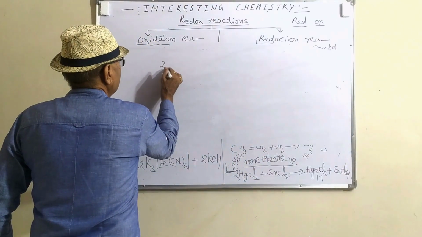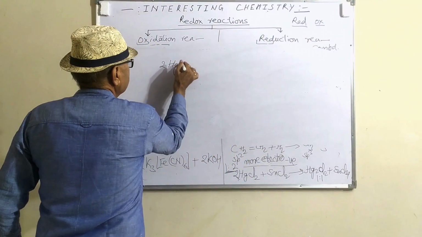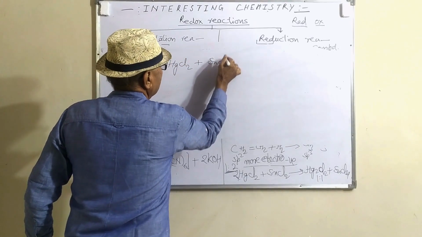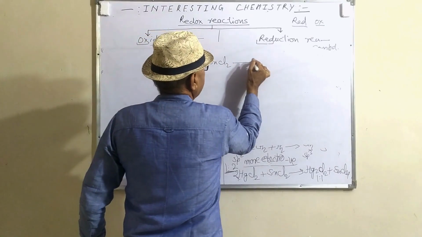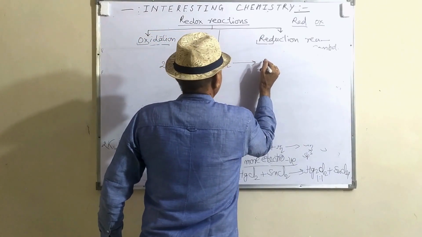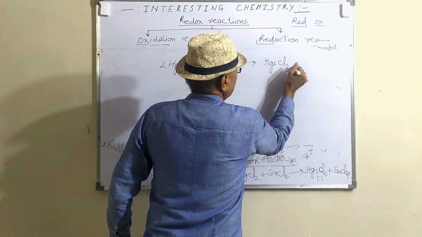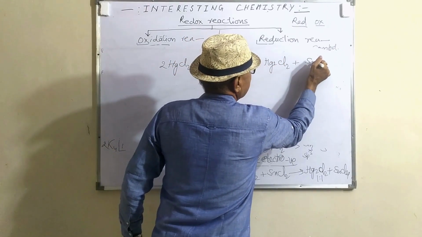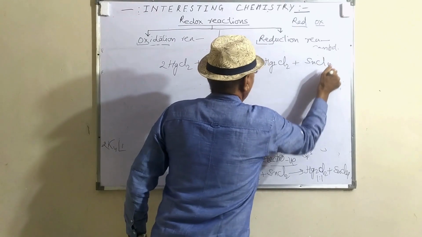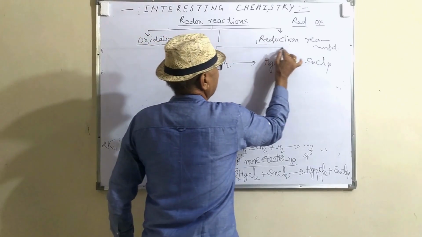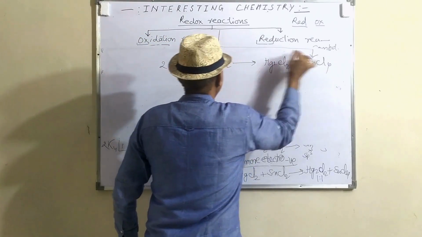Here suppose 2HgCl2 plus SnCl2 gives Hg2Cl2 plus SnCl4. Take the example of SnCl2 and SnCl4.